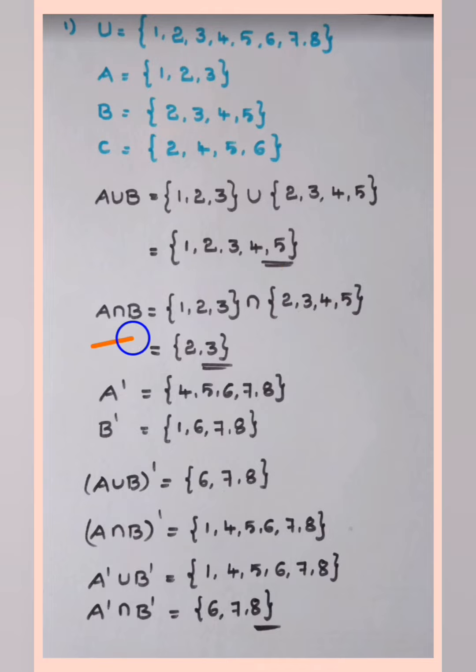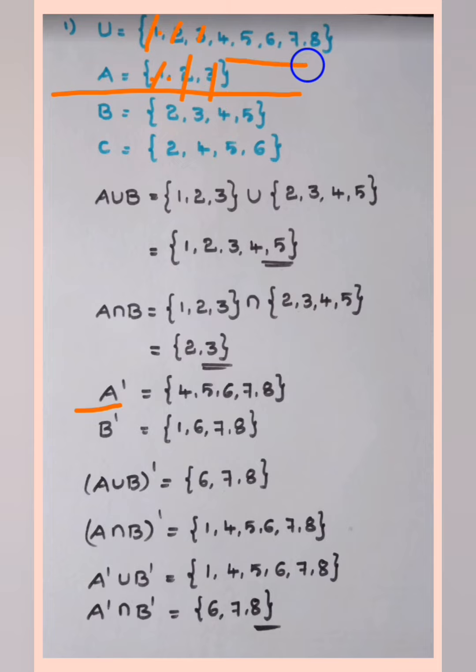If it is A intersection B, we have to write the sets A and B. Among these two, which are the common elements? 2 is common here, and here. 3 is also common in both the sets. Hence 2, 3 is A intersection B. For A dash, compare the universal set and set A, and see which elements are common between A and U. 1, 1 cancel, 2, 2 cancel, 3, 3 cancel.